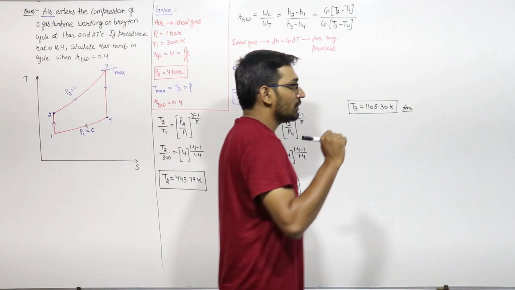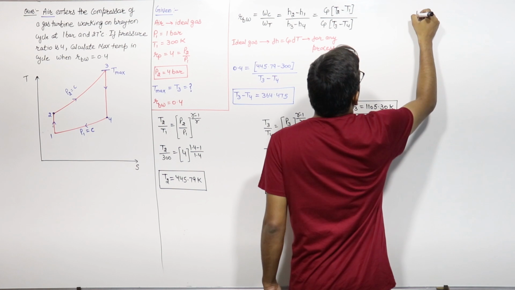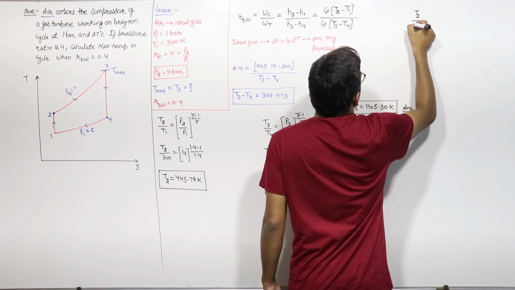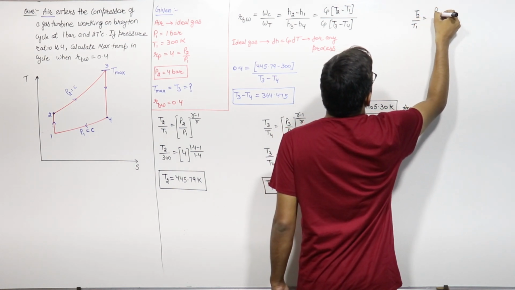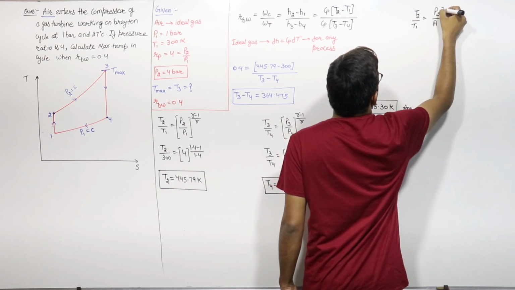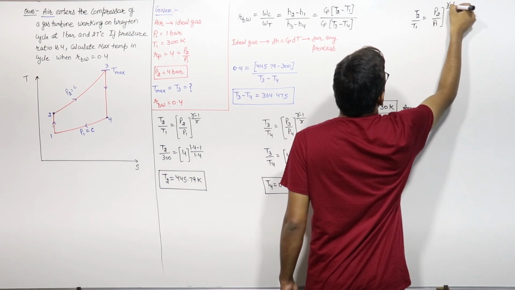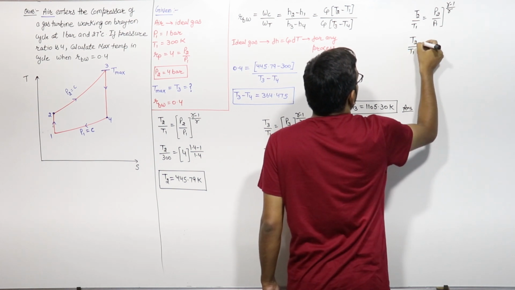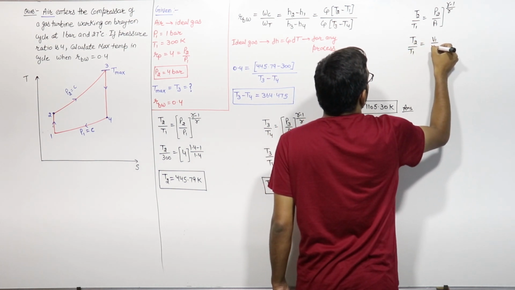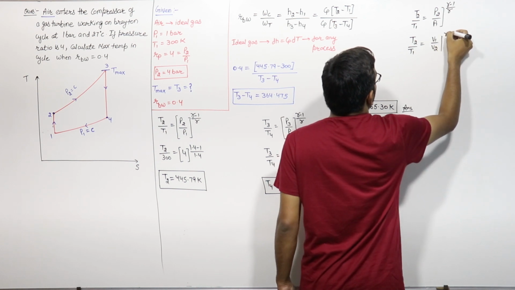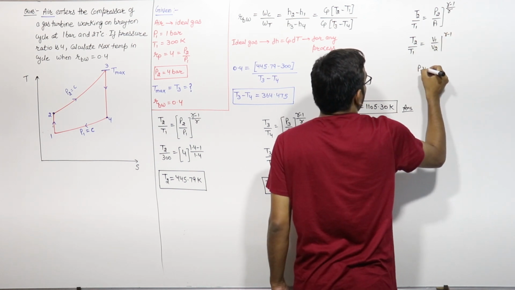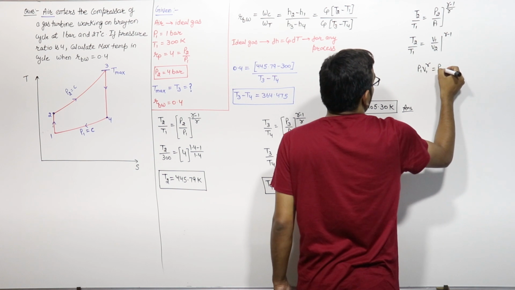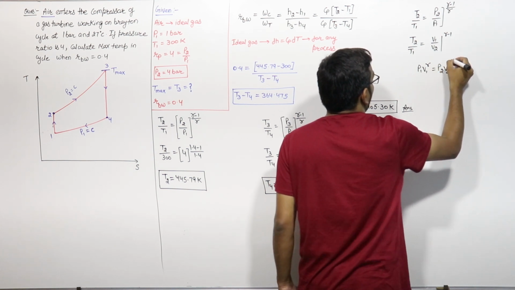One thing I just want to say here, these relations, T2 by T1 is equal to P2 by P1 raised to power gamma minus 1 upon gamma for the adiabatic, or T2 by T1 will be equal to V1 by V2 raised to power gamma minus 1, and P1 V1 raised to power gamma is equal to P2 V2 raised to power gamma.